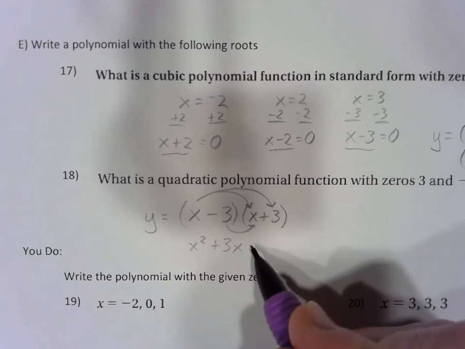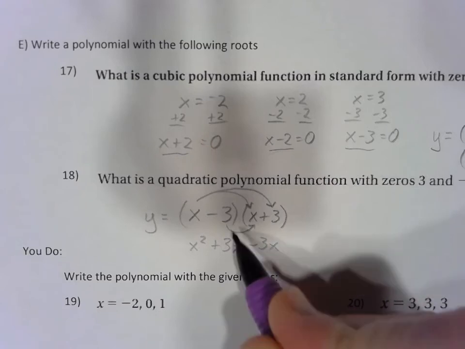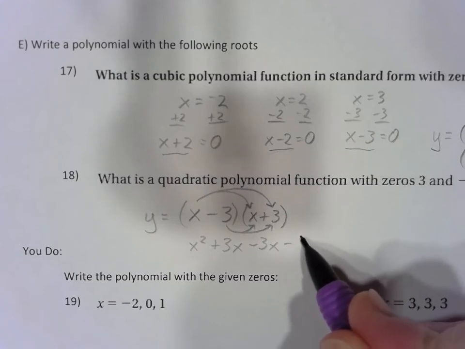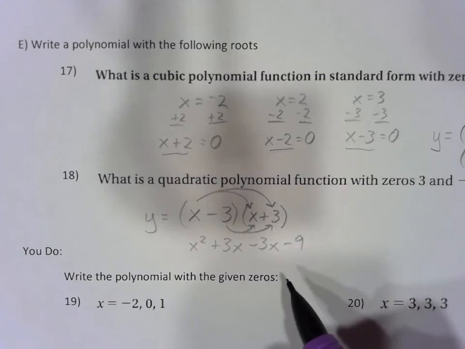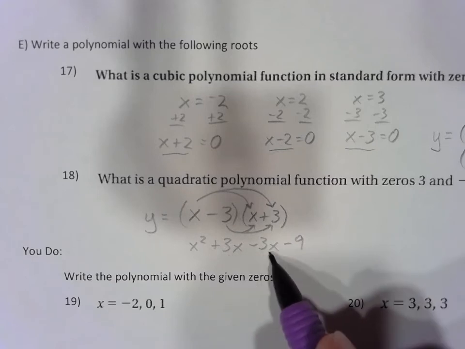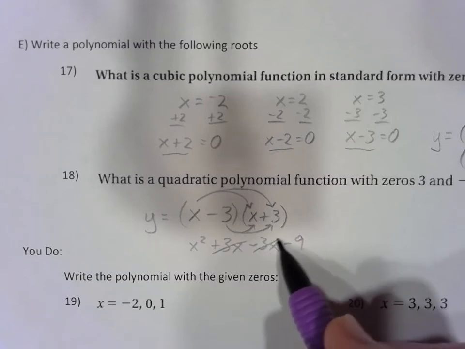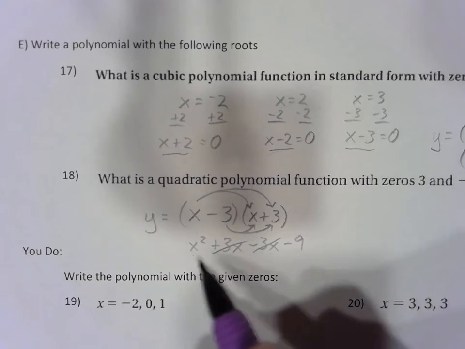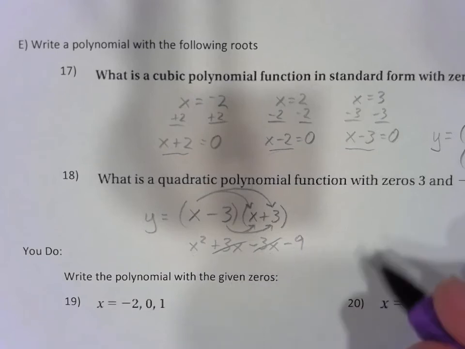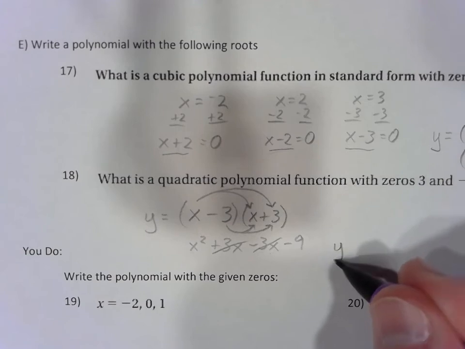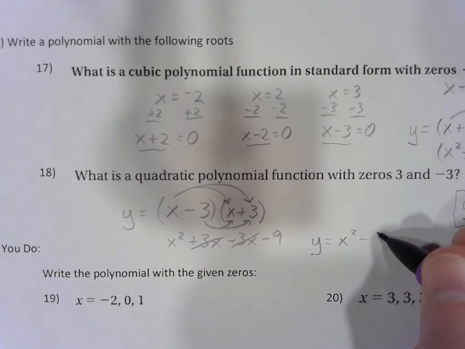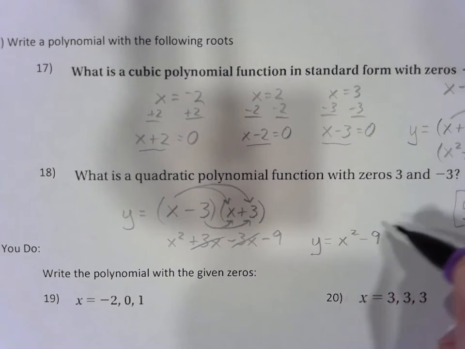Negative 3 times x and negative 3 times 3. Plus 3x minus 3x, those two terms cancel each other out. They equal 0. And we're left with x squared minus 9. So my equation is y equals x squared minus 9.